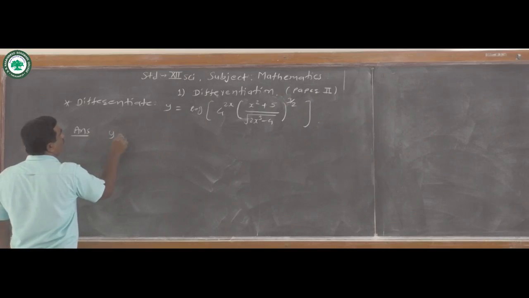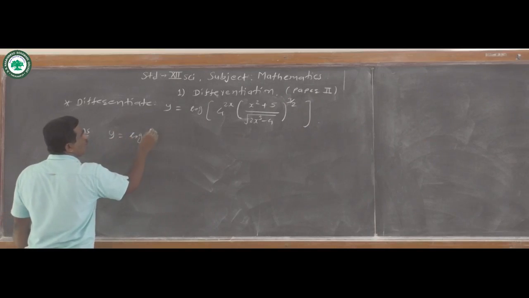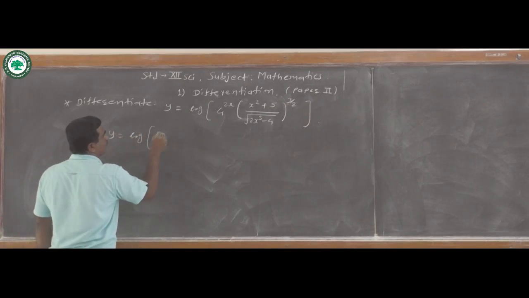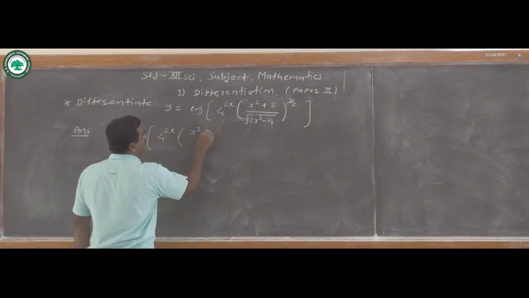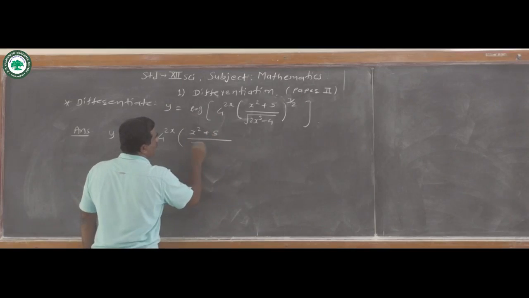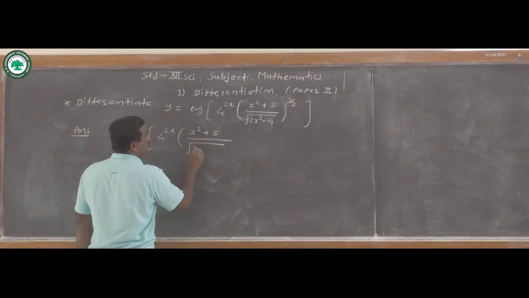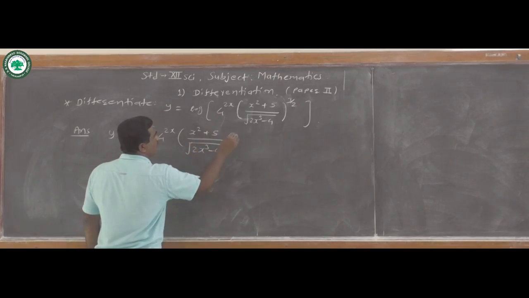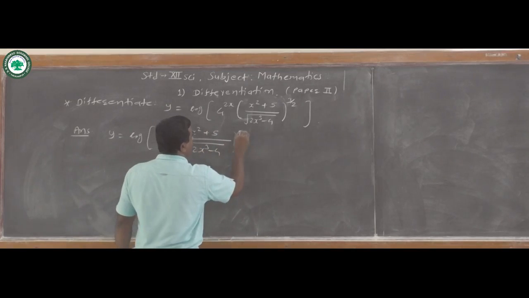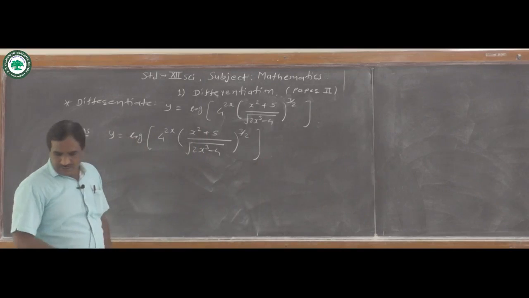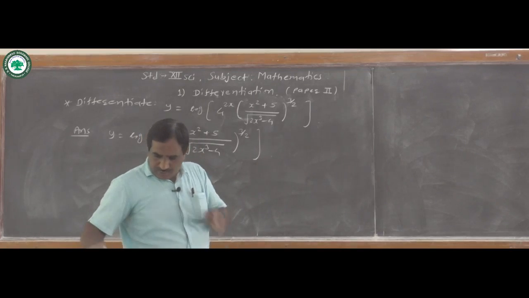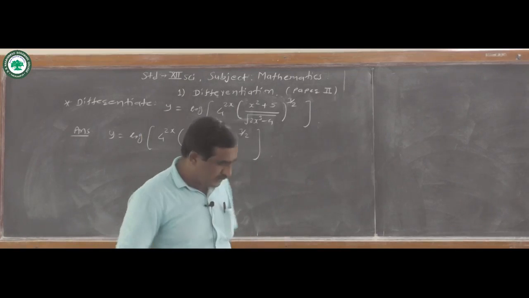Consider y is equal to log of, in square bracket, 4 raised to 2x into, in open bracket, x square plus 5 upon under root 2x cube minus 4, open bracket complete, raised to 3 by 2, square bracket complete. Now here we use rules of logarithm.